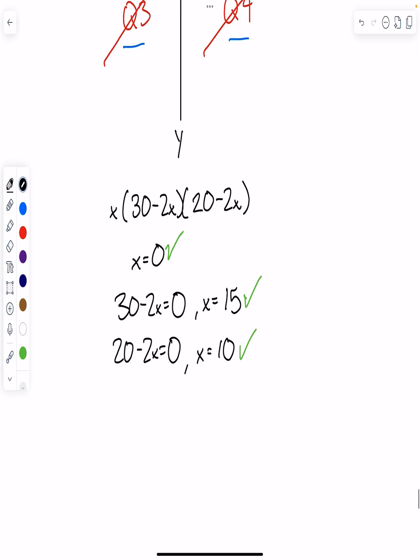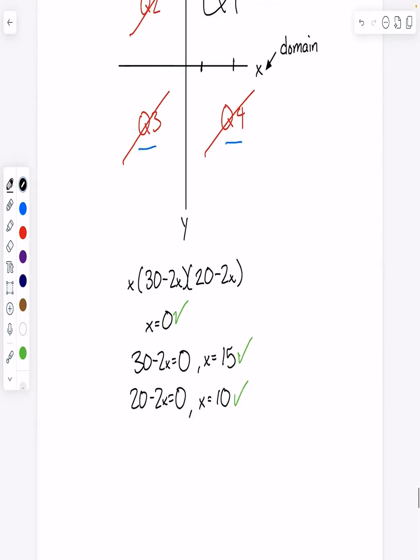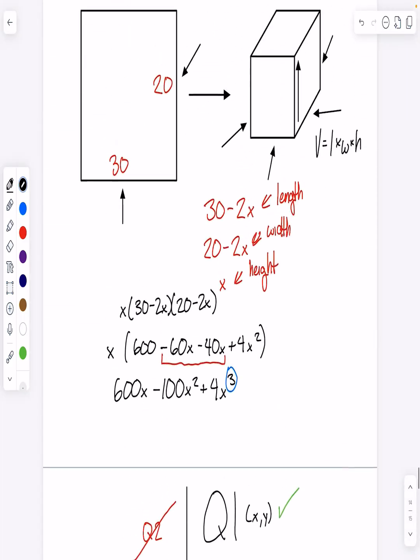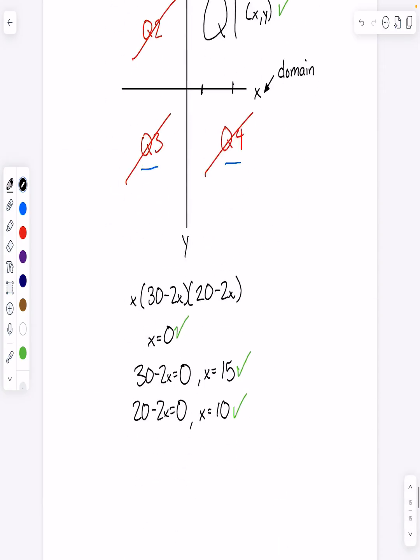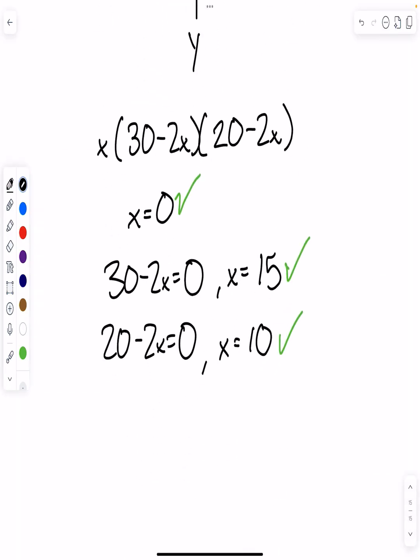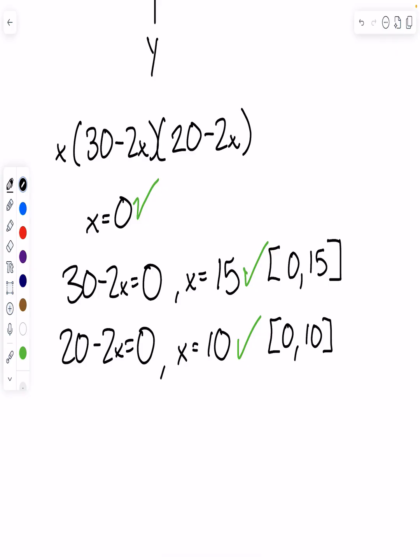Now in this case, where are all of my possible input values? Well, let's think about it. I need to make sure that I'm building a box where all my sides are proportional to each other, right? Within this given range from 0 to 10, and in this given range from 0 to 15, the values of 11 to 15 do not exist in this range.